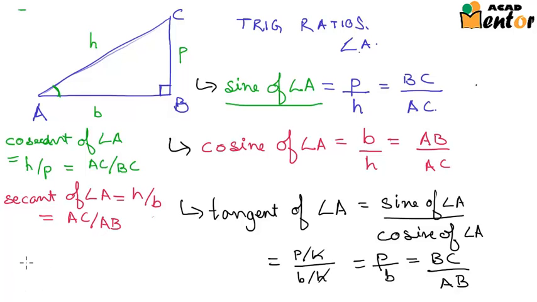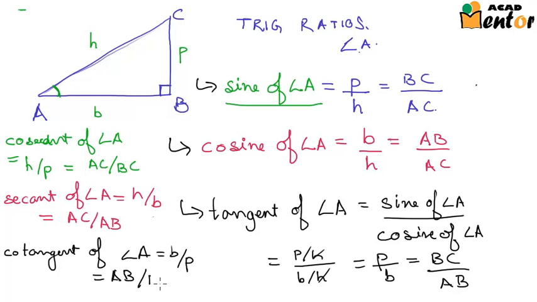And the third one is inverse of tangent of angle A, and it is called cotangent of angle A, and it becomes cosine of angle A by sine of angle A, or base by perpendicular, which is equal to AB by BC.